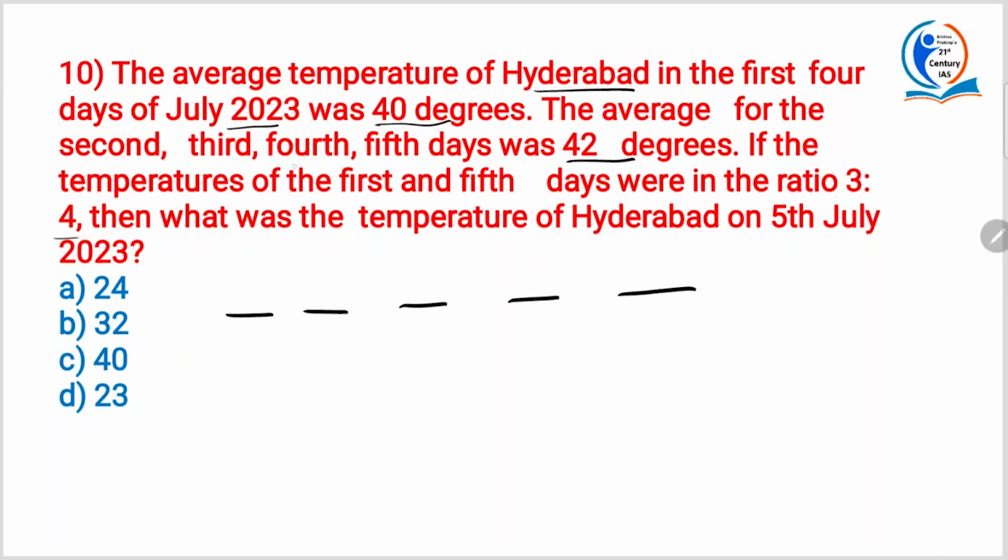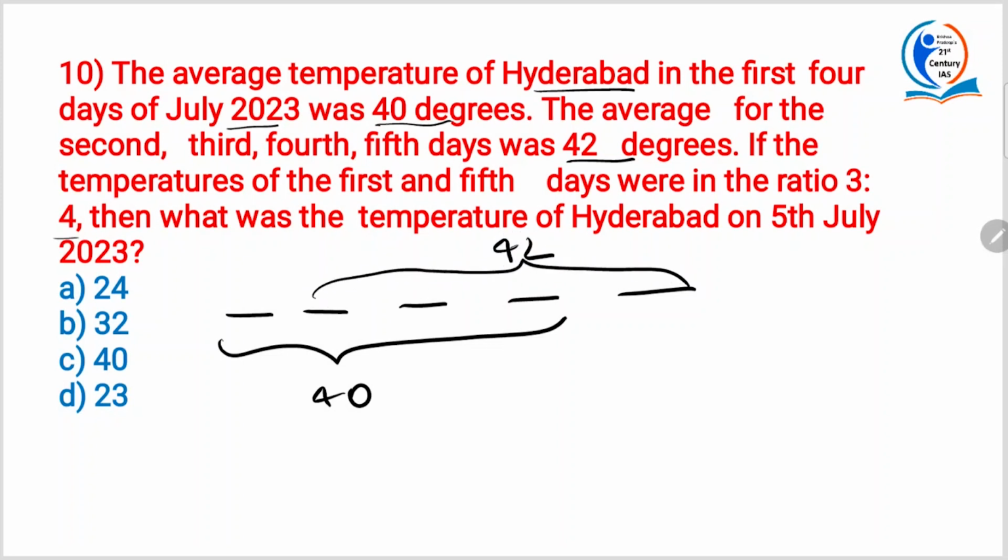Now he's saying that the average of temperatures of first 4 days is 40 degrees, and the average of second, third, fourth and fifth days is 42 degrees. And the temperatures of the first and fifth days are in the ratio 3:4.